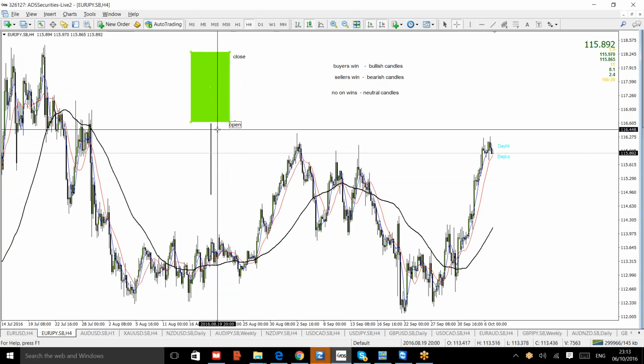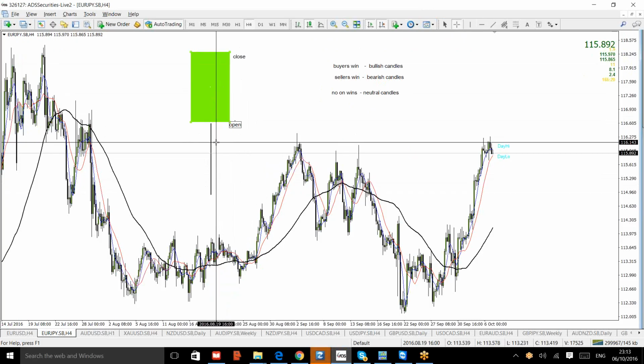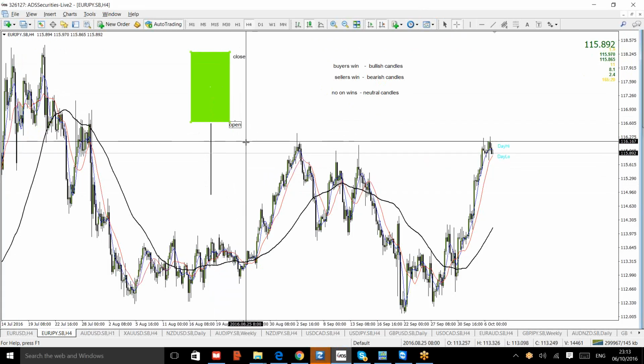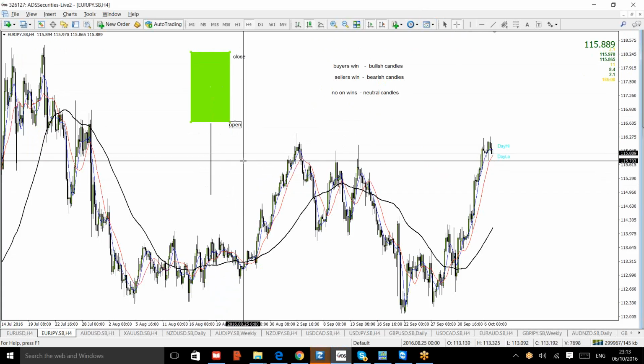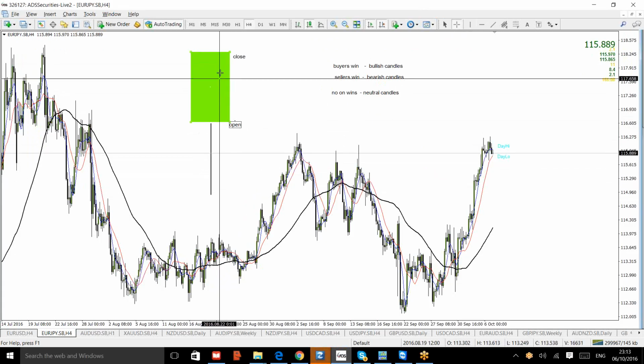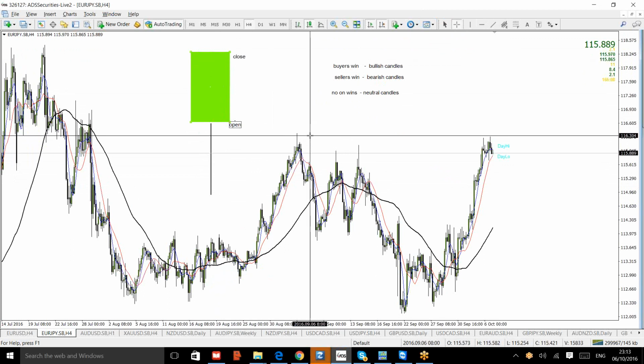So it represents a failure on the seller's part. Remember, a significant failure. The longer the wick, the more significant the failure, because the end result is that the buyers came in and pushed the price back to the upside. So remember, guys, a wick represents failure.